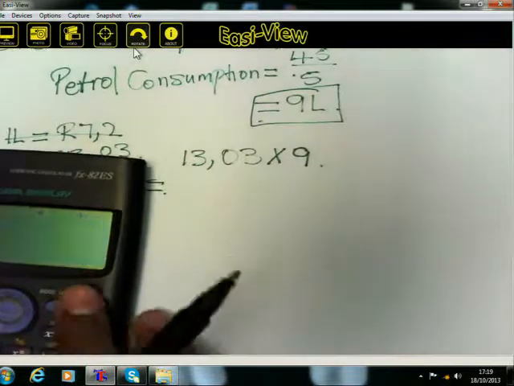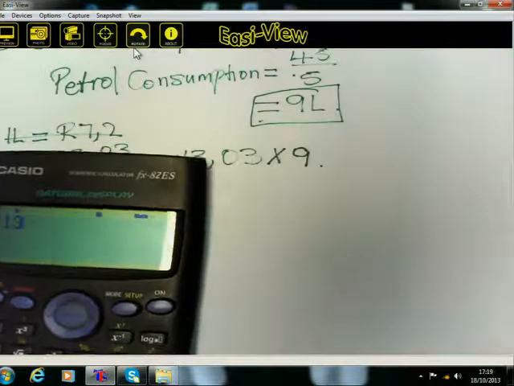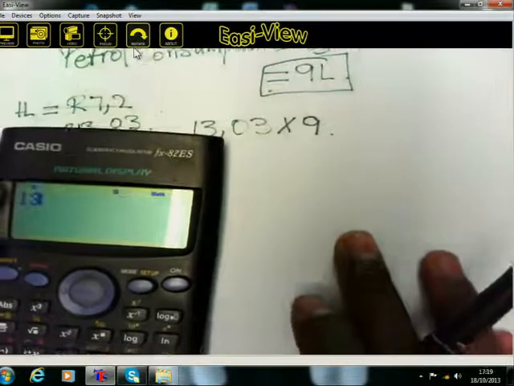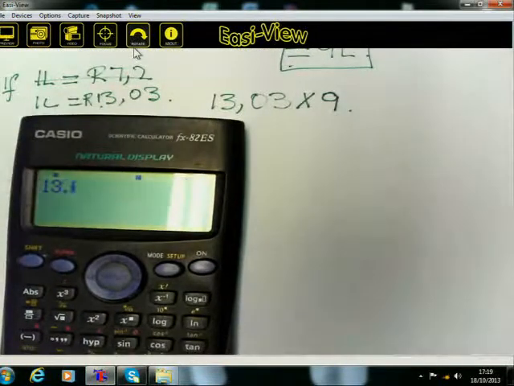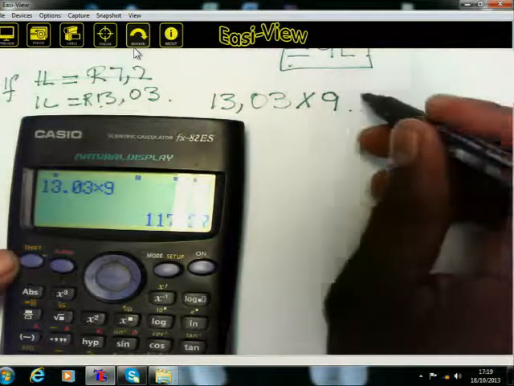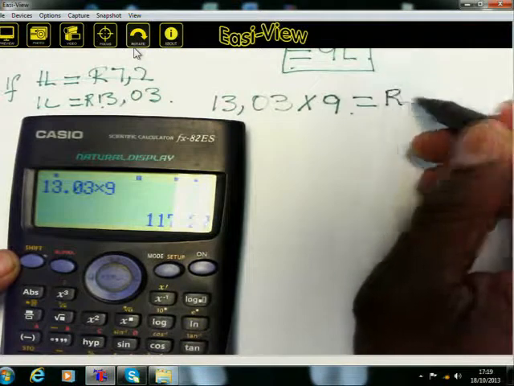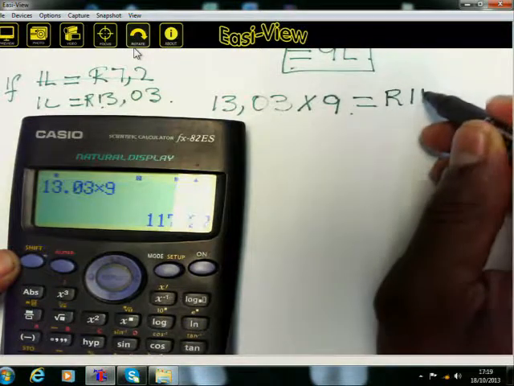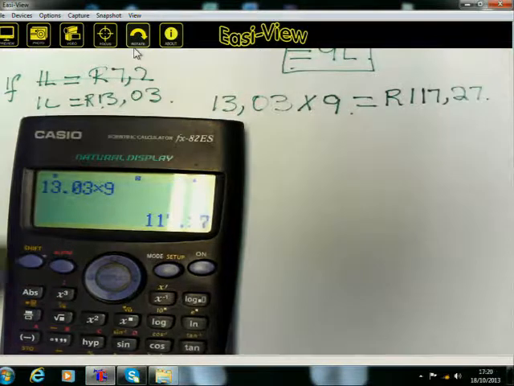Let's recheck. It's 13.03 multiplied by 9 equals 117.27.